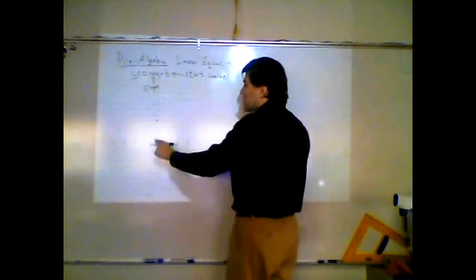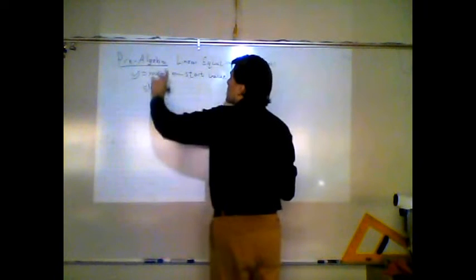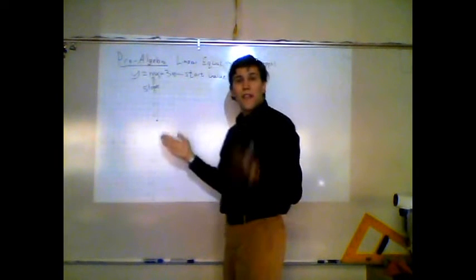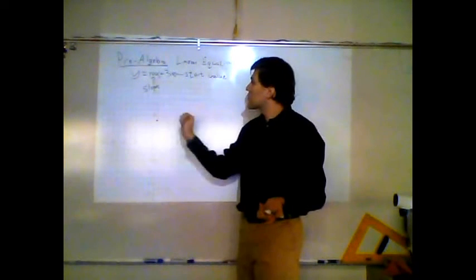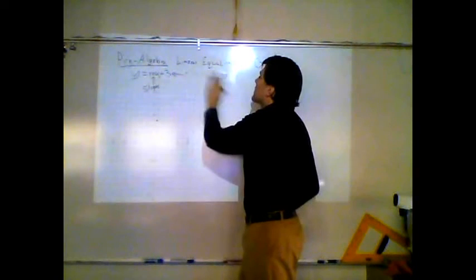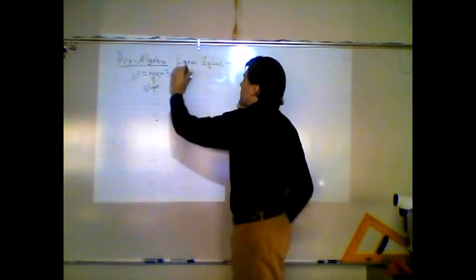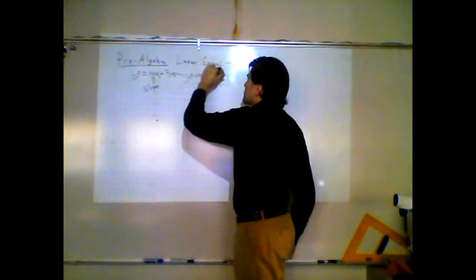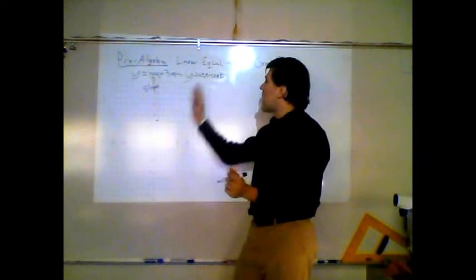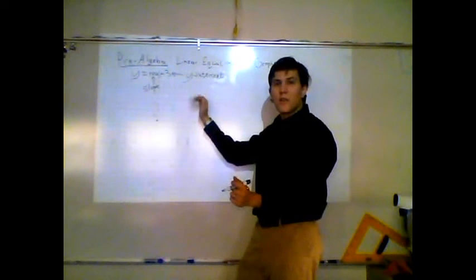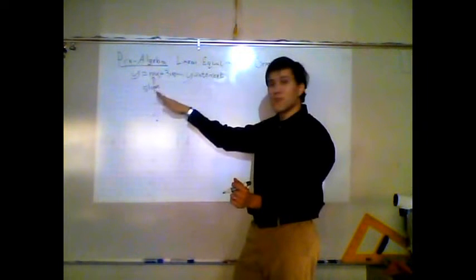So if we have a start value of 3, that means that our line is going to cross the y-axis at 3. So we refer to this as being the y-intercept. So instead of our start value and our rate of change, we are now dealing with our y-intercept and our slope.